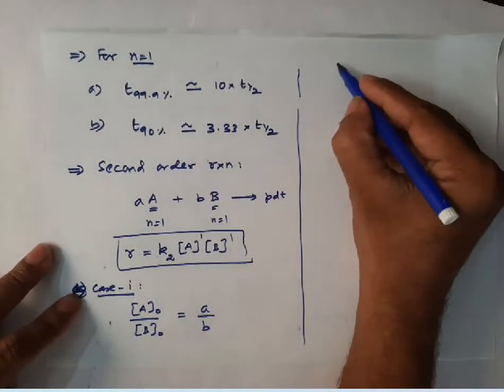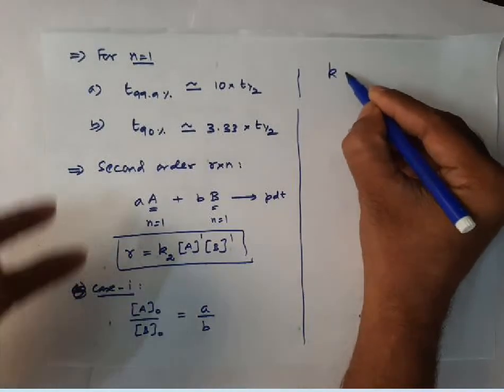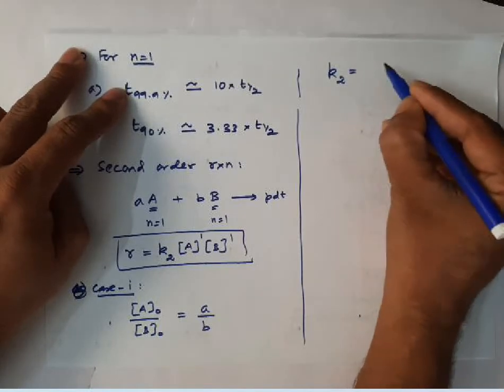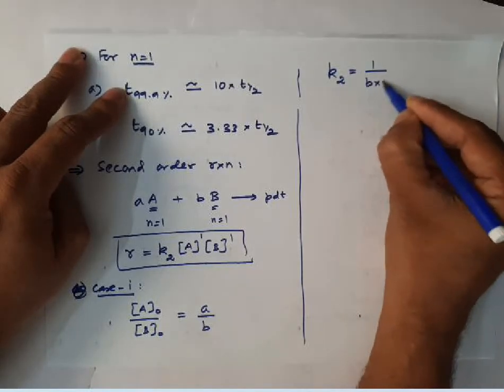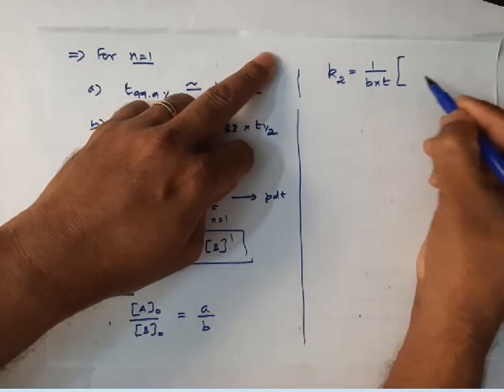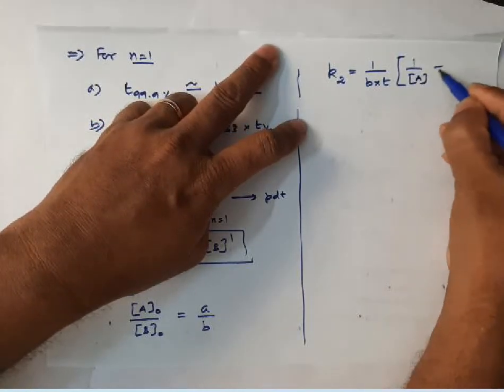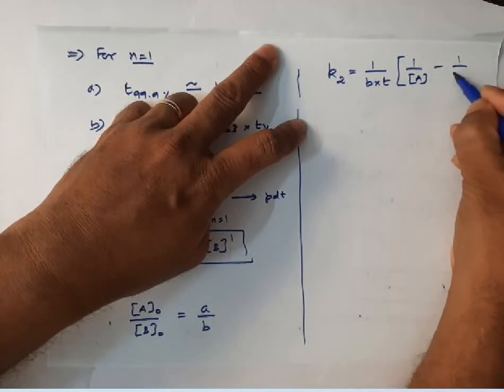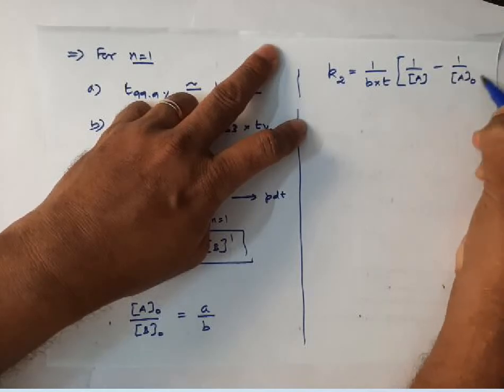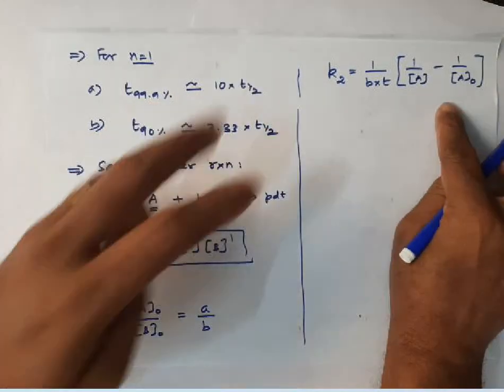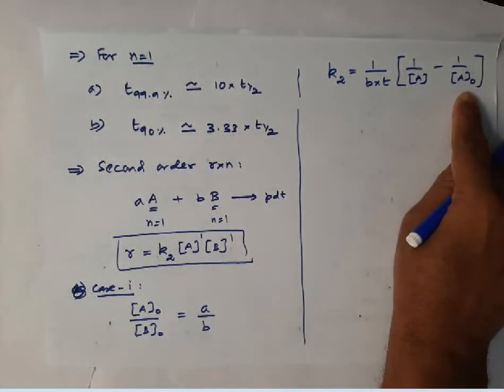The rate constant expression is this: the rate constant K for the second order reaction equals 1 by a into t into (1 by concentration of the reactant A at time t minus 1 by the initial concentration of the reactant A), okay, in the reaction, right?